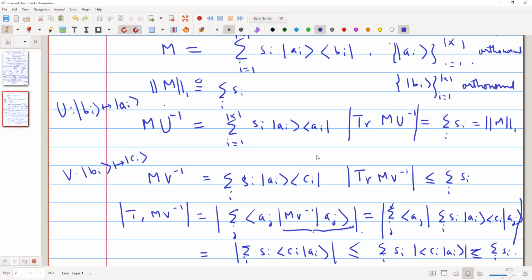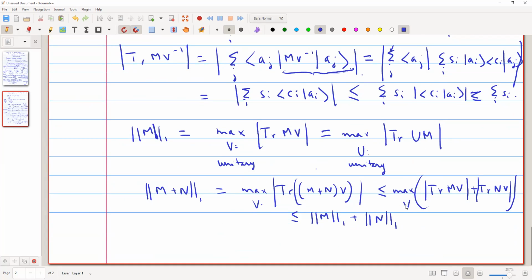But you are right, several V's could do it, but again we know what the V's are that could do it. There is some redundancy in the choice of the right singular vectors. If two or more singular values are the same, then there is some redundancy. Because of the redundancy, there can be several unitaries that maximize the expression trace MV.